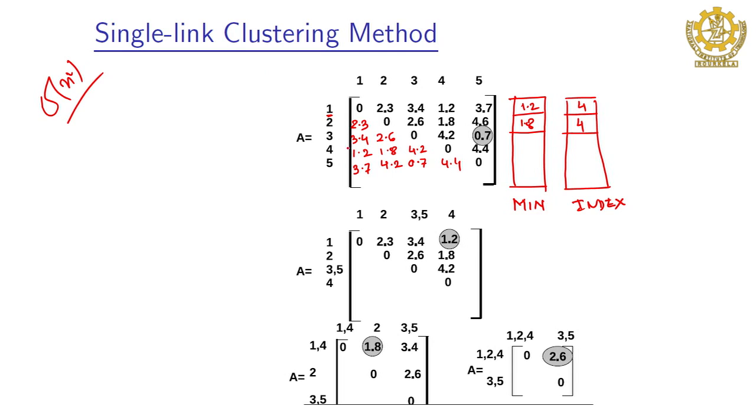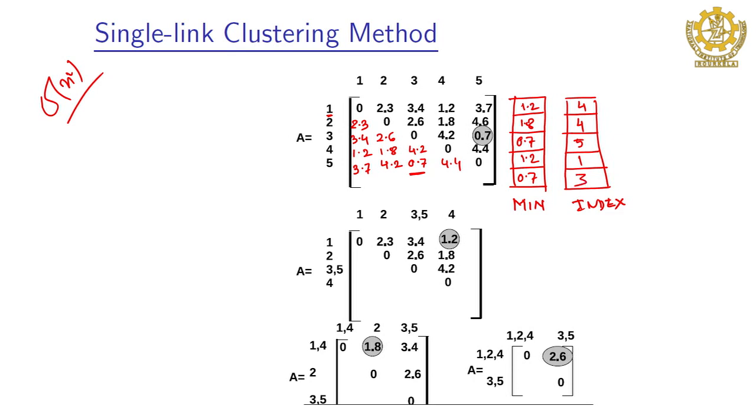Next, 0.7 is the minimum, so you write 0.7, and 0.7 is nothing but the point 5. Next is the fourth row. Which one will be minimum? 1.2, right, with index 1. And then the fifth: which one is minimum? 0.7, right. So this is 0.7, and then 3.